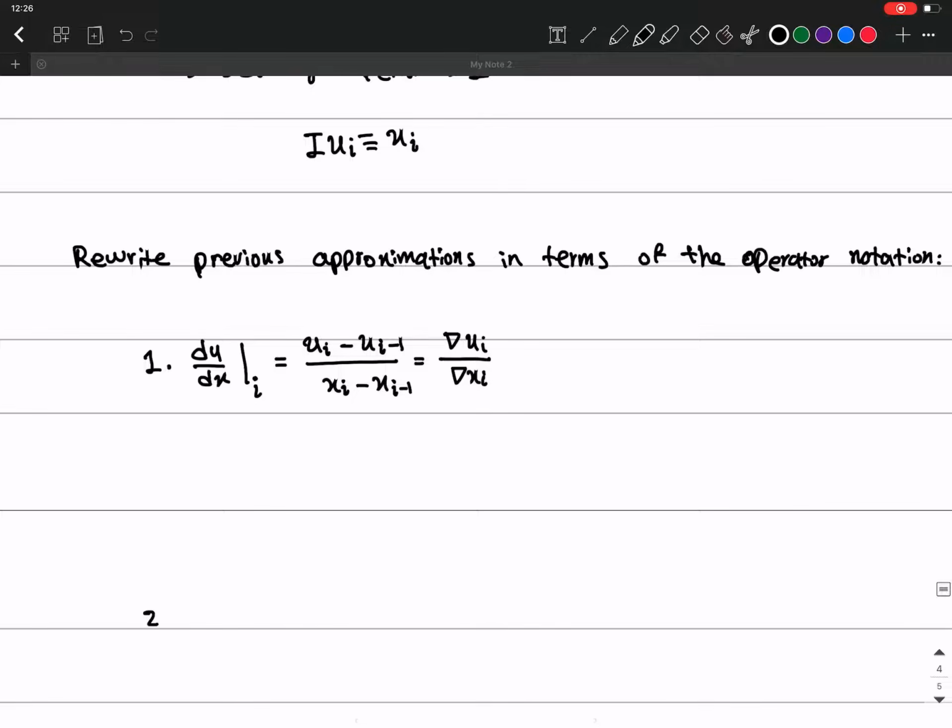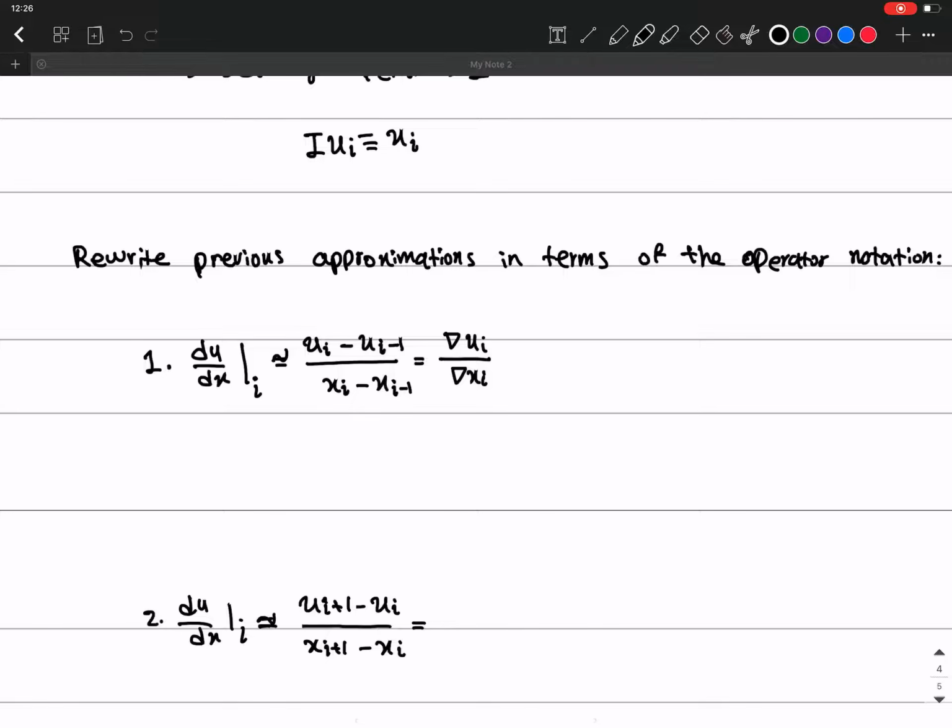So let's do the second one, the forward difference. The second one was du over dx at i, approximated as ui plus 1 minus ui over xi plus 1 minus xi.